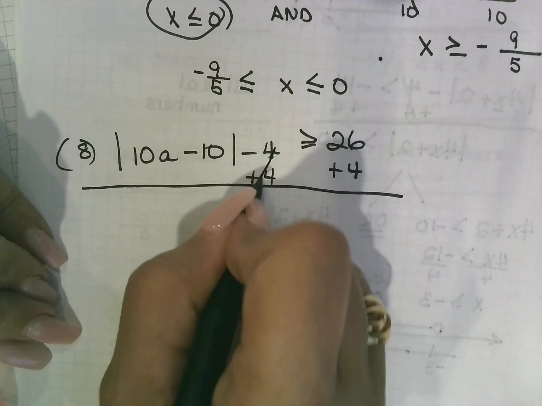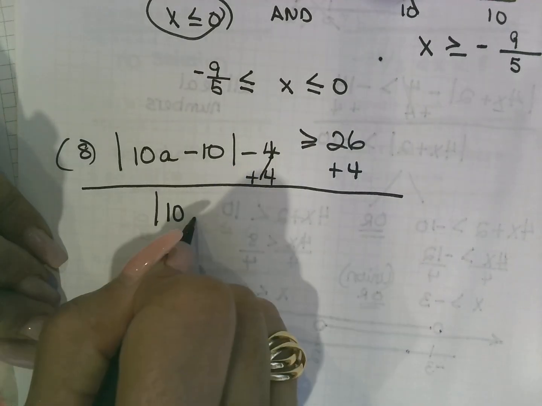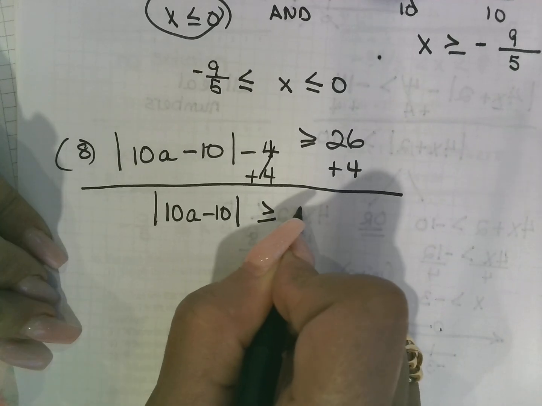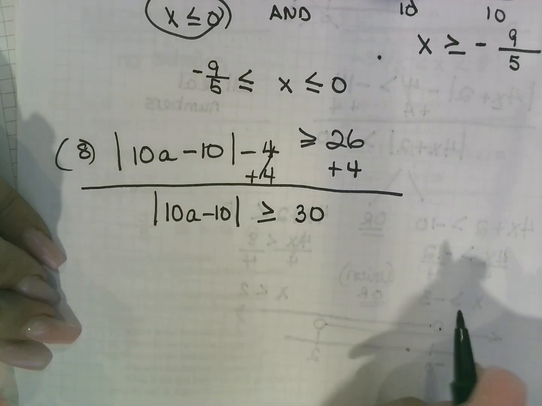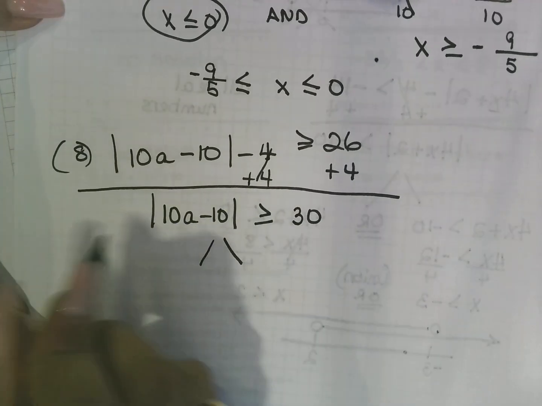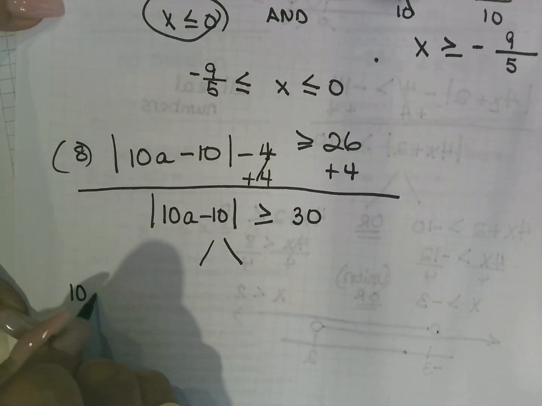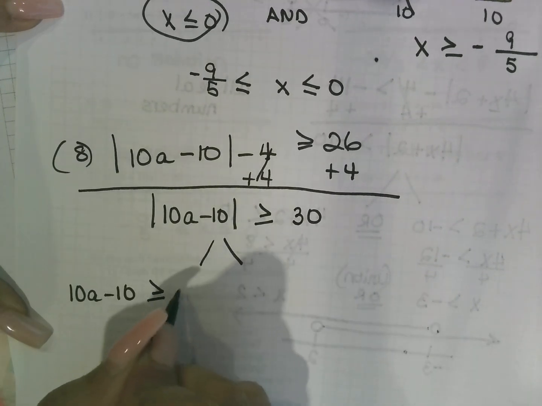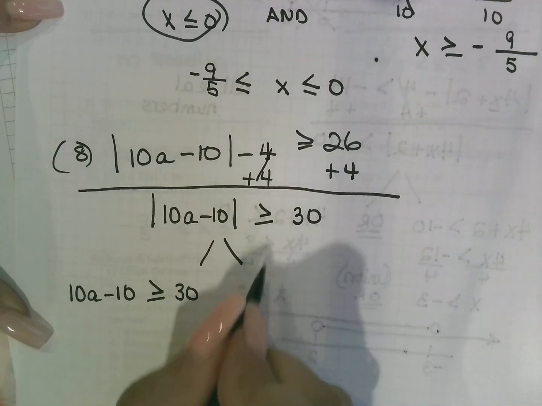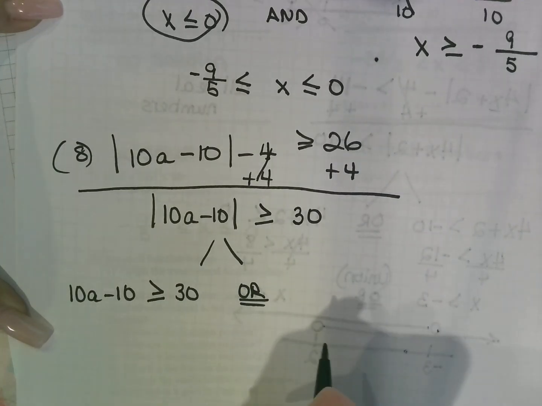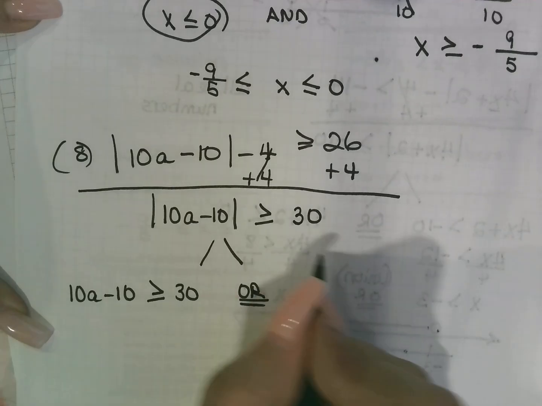And this is going to become absolute value of 10a minus 10 greater than or equal to 30. And now we're going to break this guy up into two inequalities. 10a minus 10 greater than or equal to 30. Now because this is greater than or equal to, this is actually an OR, which means we do the whole union thing. We take everything.